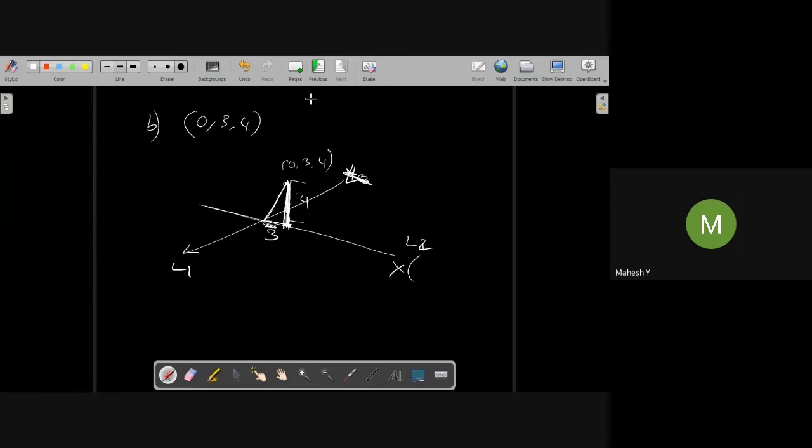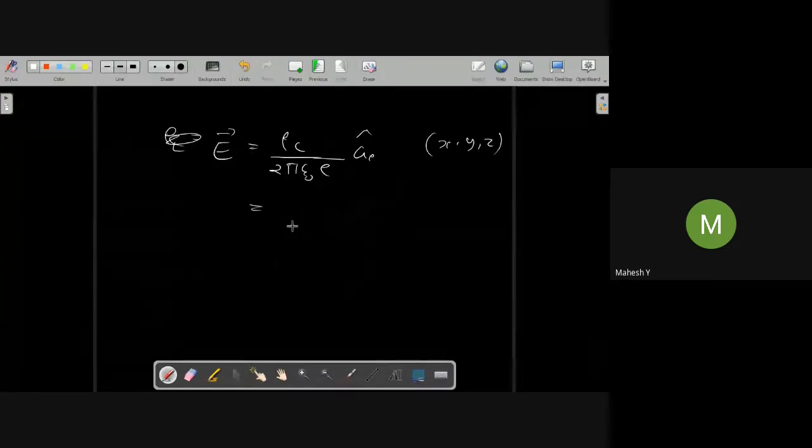Okay, if it is difficult for you to analyze this point, there is an easy method. Like we have E is equal to rho L by 2 pi epsilon 0 a rho cap, right? So if the point is given in Cartesian coordinate system as x, y, z, then what is the value of rho?